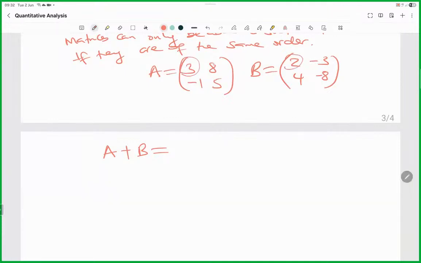Same position. How about this 8 plus minus 3? Is there anybody who can give me this figure? 5, right? So I'm being told it's 5 as well.